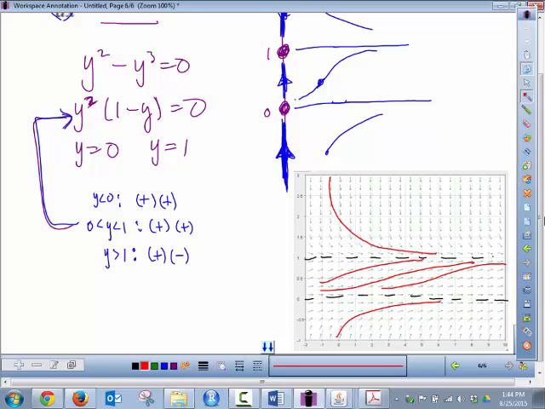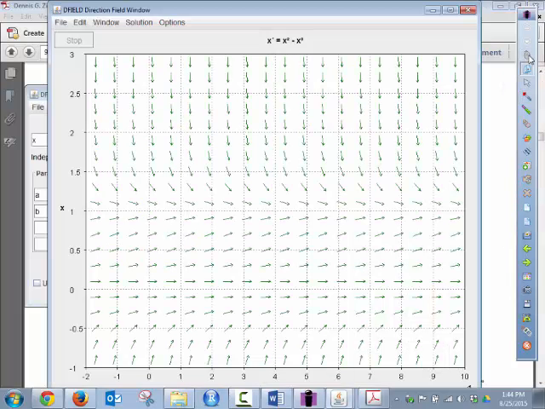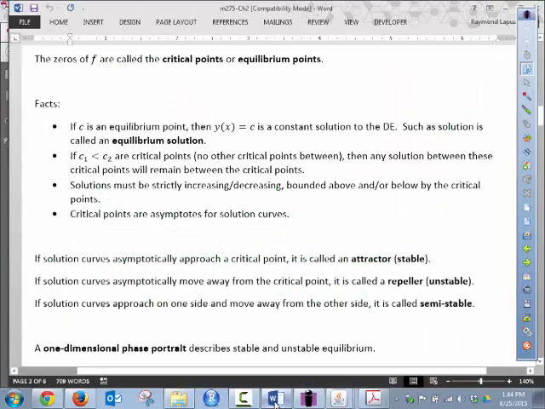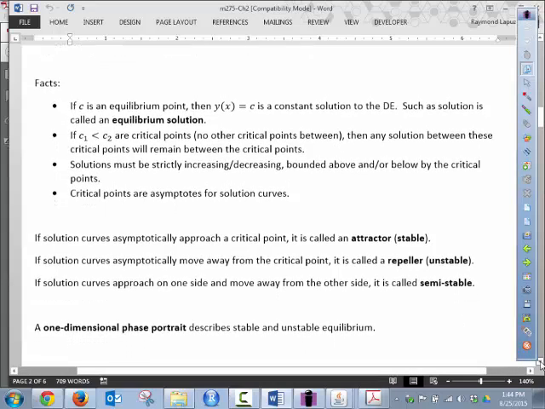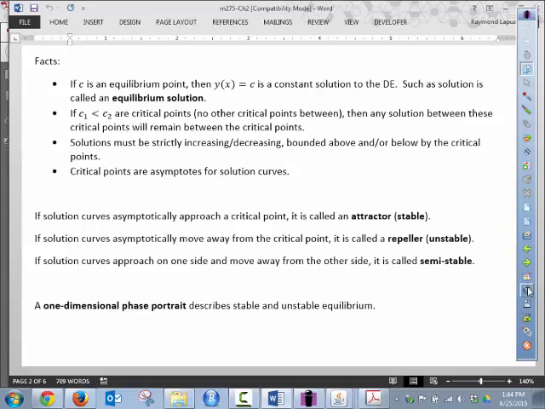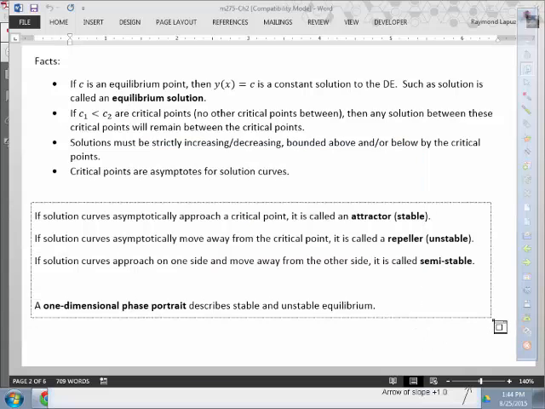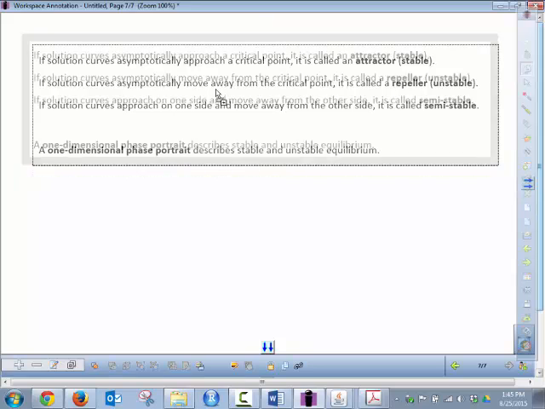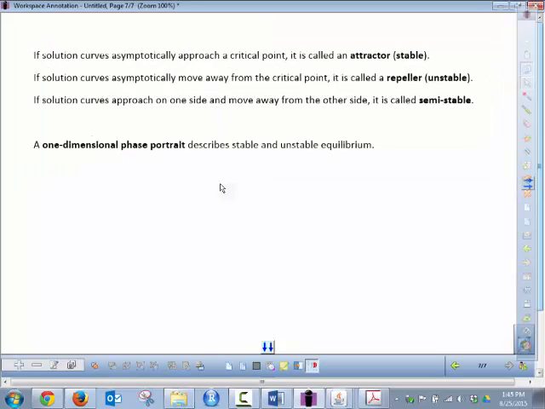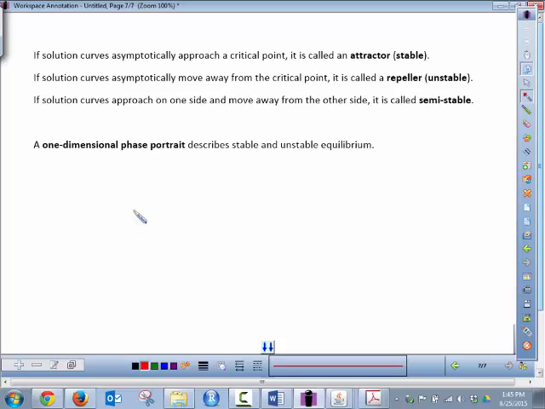All right, so just a few more pieces of terminology. We have attractor, repeller, and something that's semi-stable. And the phase portrait is what I just drew. So let me redraw the phase portrait for the differential equation that we just did.